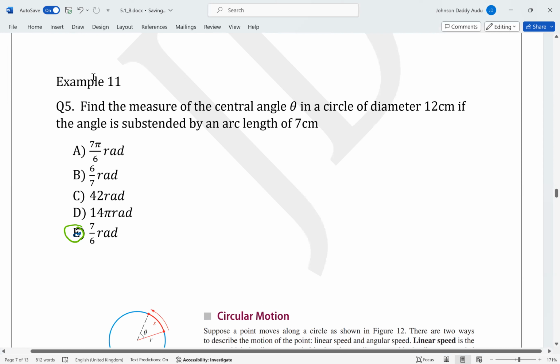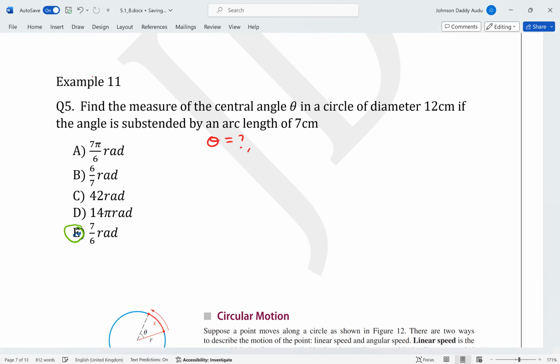So finally, example 11, it says find the measure of the central angle theta. So here also it means we are looking for theta. The diameter is 12 centimeters. But we know that diameter equals 2r. So the radius is going to be diameter over 2, which is 6 centimeters. And what else do we have?